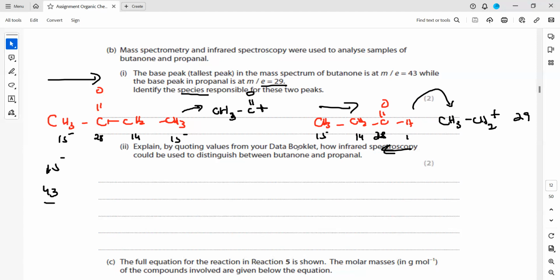Explain, by quoting the value from a data booklet, how infrared spectroscopy could be used to distinguish between butanol and propanol. Infrared spectroscopy is used to identify the bonds. So how can you distinguish? What is the difference in the bond here?